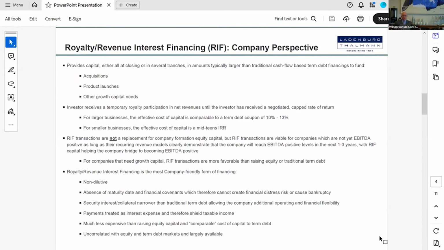Royalty and revenue interest financings do not have a maturity date, which has some other benefits for the company, but that means that the investors here are not expecting to get their full return in 5 years. It might be 7 years or 8 years or 9 years or 10 years, depending upon the assets in the company.